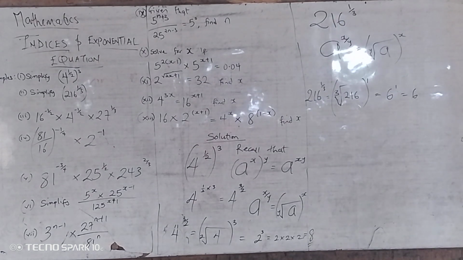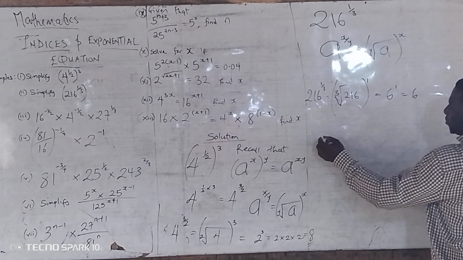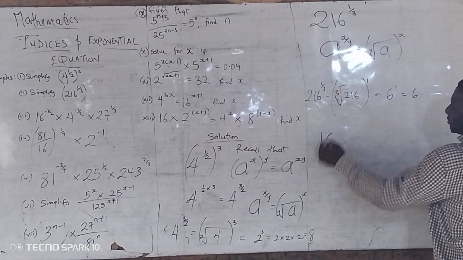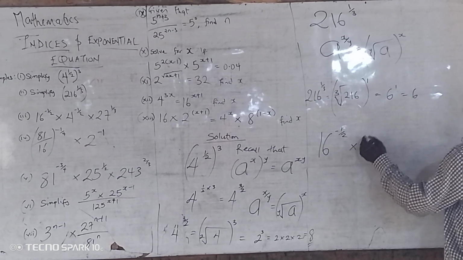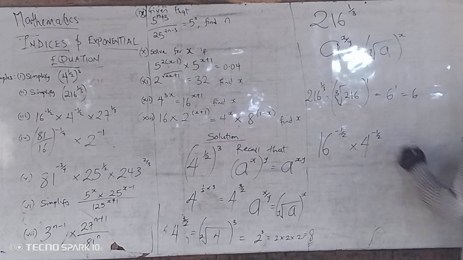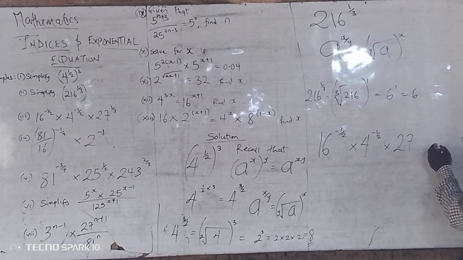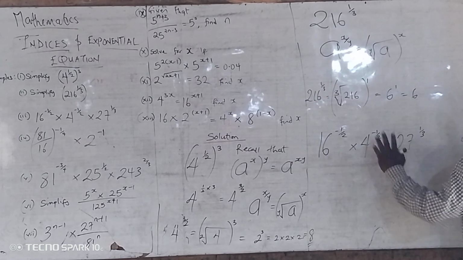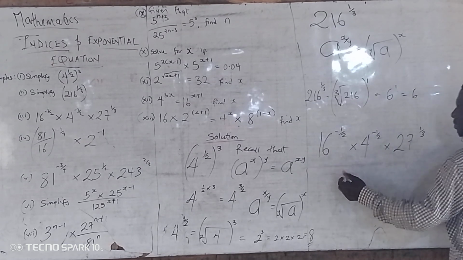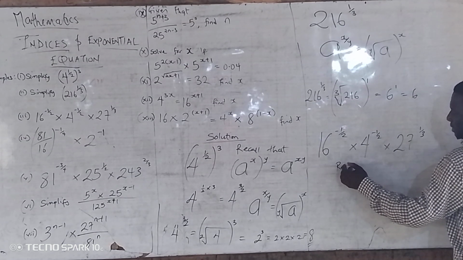And this will take us to the third one. The third one says that we should simplify 16 raised to the power minus half times 27 raised to the power 1 over 3. So, firstly for this one, remember I said, okay, let me just state it properly.